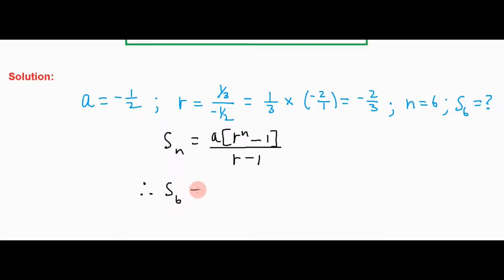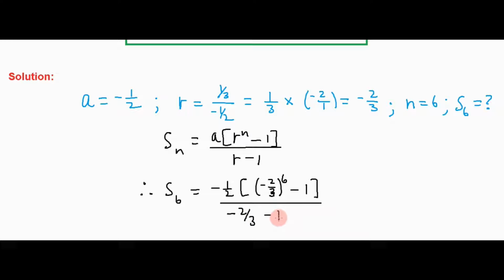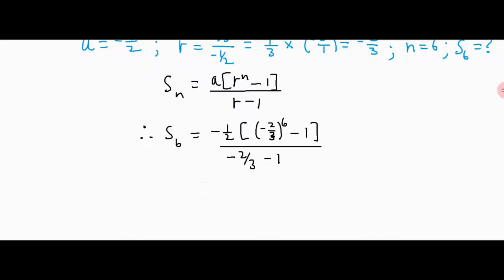So S sub 6 is A into R, and we saw that R was negative 2/3 to the n, and n is 6. This is all over R minus 1. So negative 2/3 minus 1. And this we can work out on a calculator.